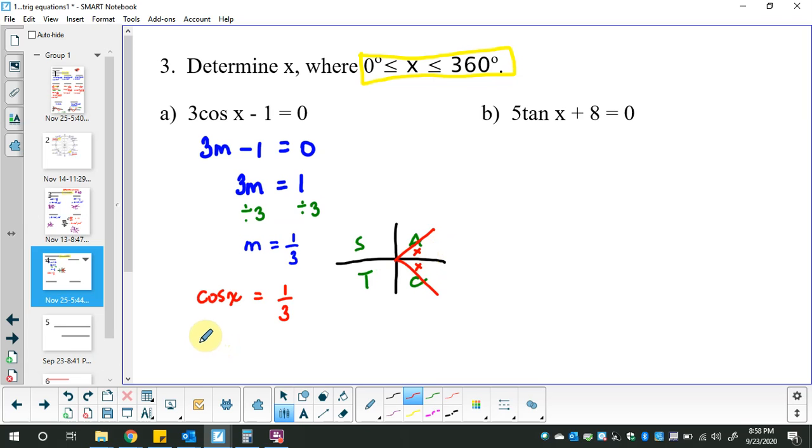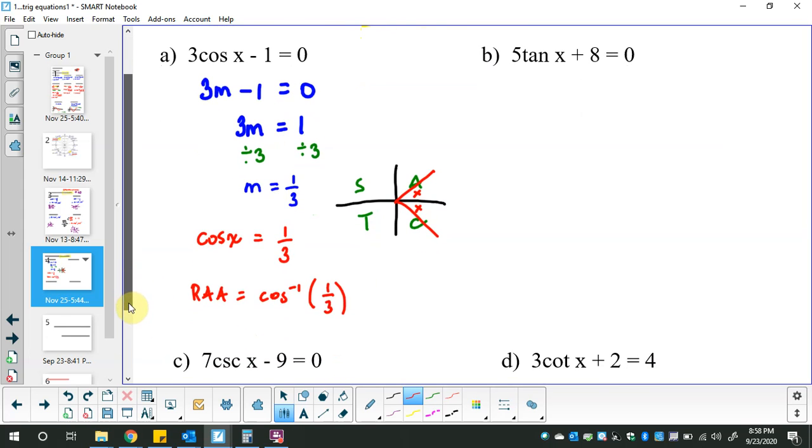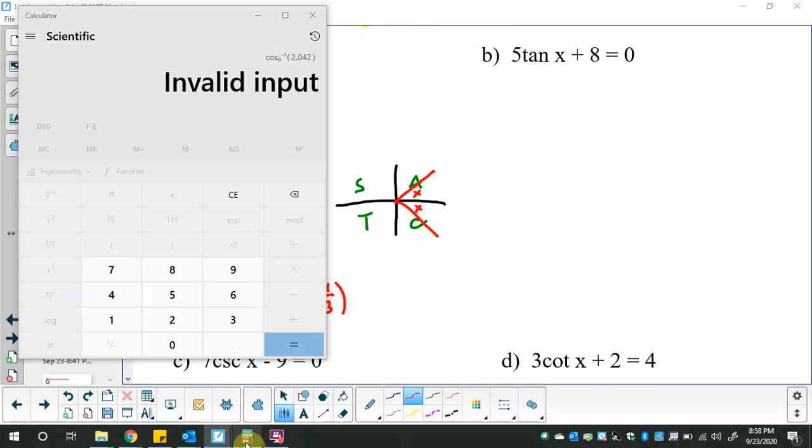When we go to do the math, you're not finding x equals anymore. You're finding RAA. So this takes us back to that first lesson way long ago with Trig. And we're going to do this. So instead of it being a decimal, it's a fraction. And we're going to find out the related acute angle. Ignore this for a sec, I'll move it.